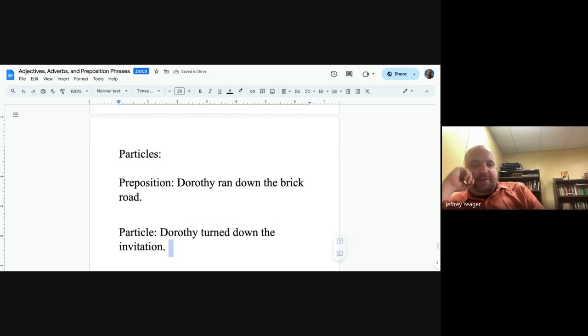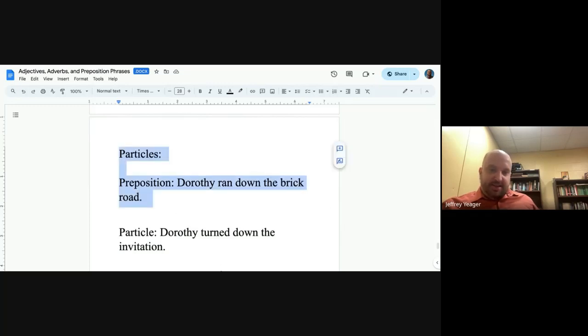So the difference between this and the one above is, if we were diagramming this sentence, down's the preposition, and then brick road's the object. If you take a look at the grammar of this, Dorothy's the subject, turned is the verb, invitation's the direct object.